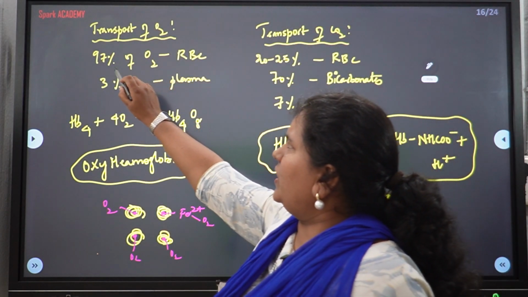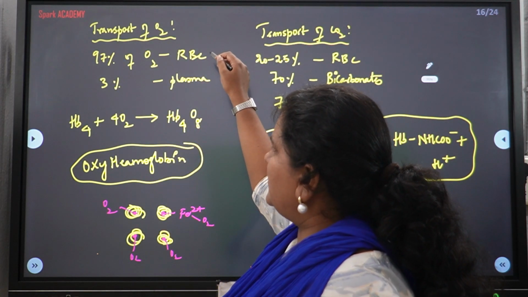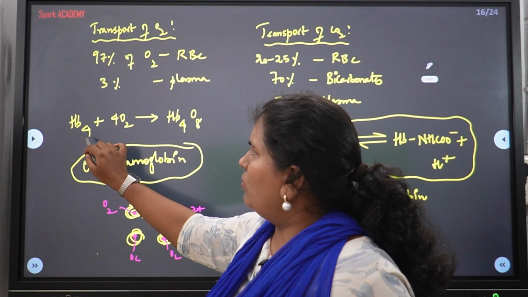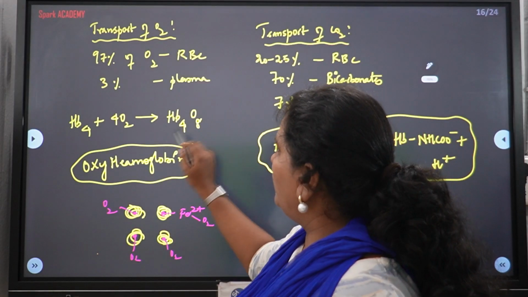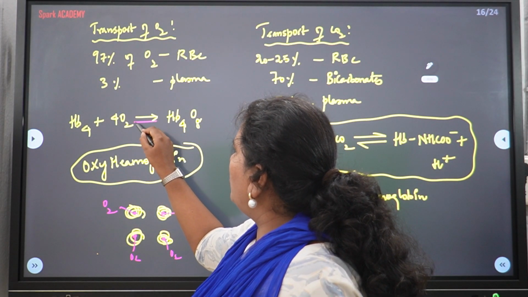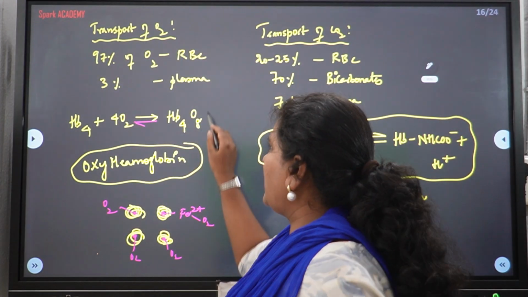Right, so the majority, 97% of oxygen, is transported by RBC, and you can see there's a reaction also I wrote here. Hemoglobin, 4 molecules of O2 binding to hemoglobin will give you oxyhemoglobin. Let me also highlight this oxyhemoglobin. This reaction is a reversible reaction.